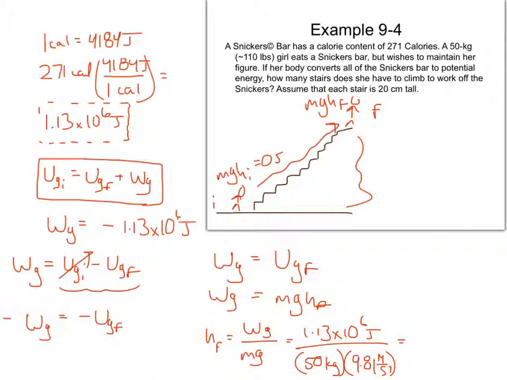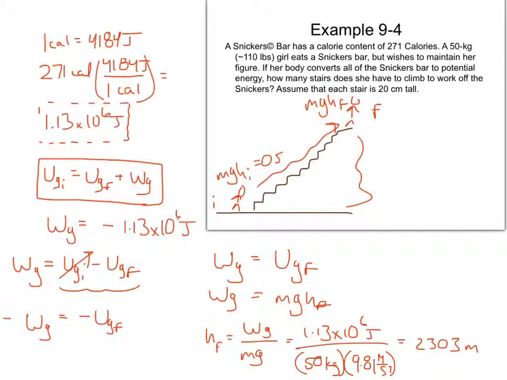All right, that gives us a height of what? 1.13 times 10 to the 6th divided by 50 times 9.81. That's 2,303 meters. All right. Oh goodness. That's pretty high.